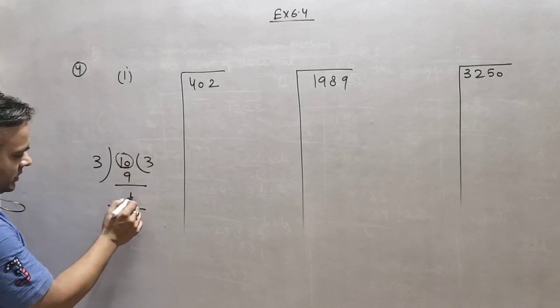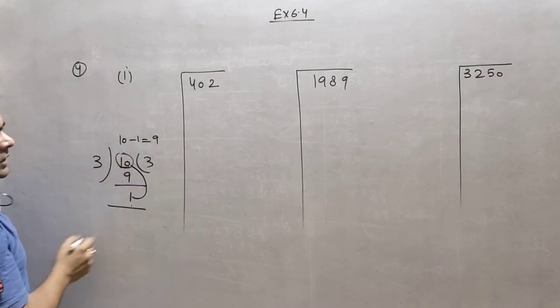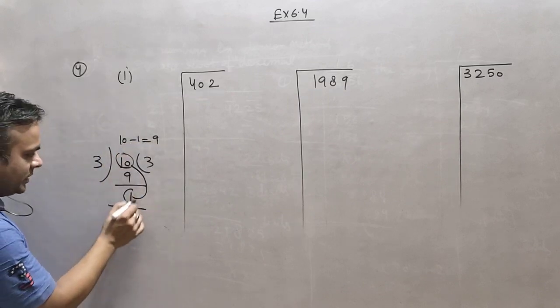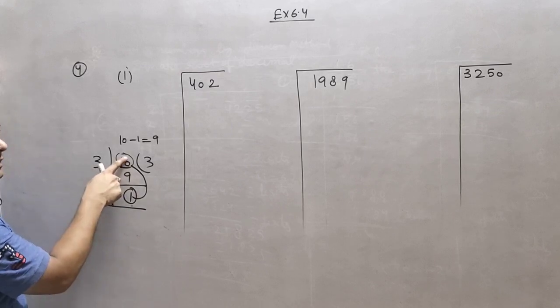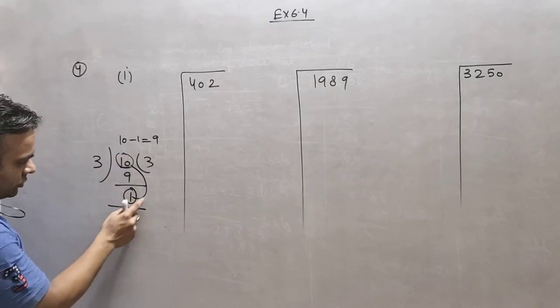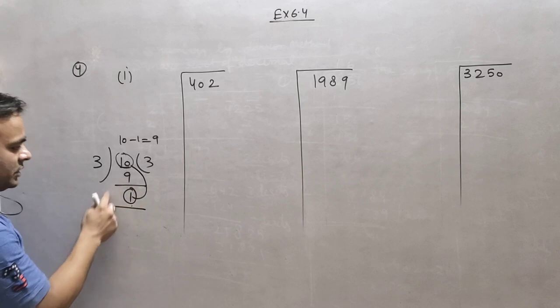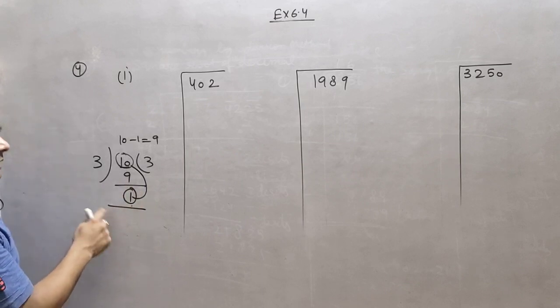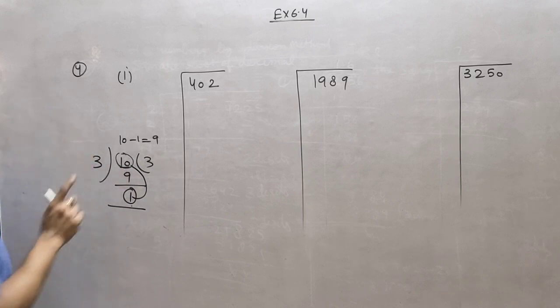If I remove the remainder, 10 minus 1, what do you get? The remainder becomes 0 when 10 becomes 9, when the remainder is subtracted. So whatever remainder comes, if that is subtracted from the number, it will be divisible by 3.